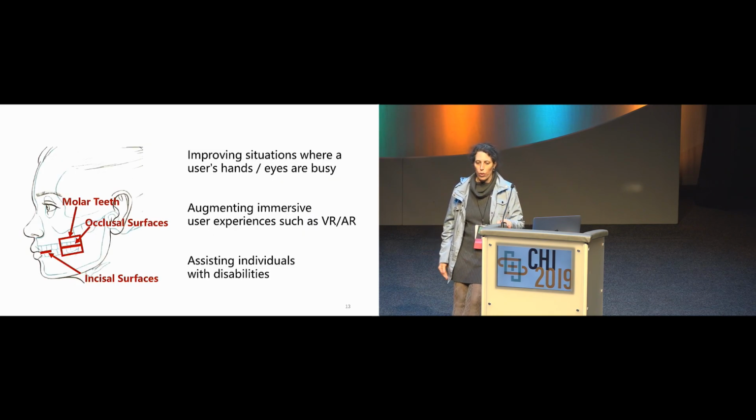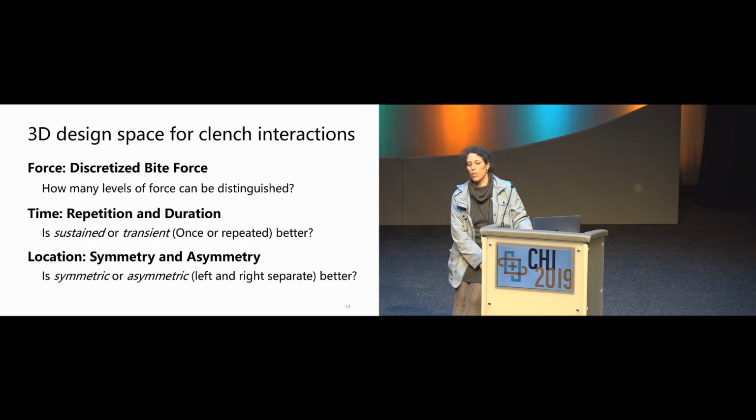Now, in our work, what we're actually using is the clenching motion of the jaw, so specifically pressure, rather than tooth clicking, and also looking at different regions of the mouth that you could clench with. And the main goal of this paper is really to explore the design space for clench-based interaction.